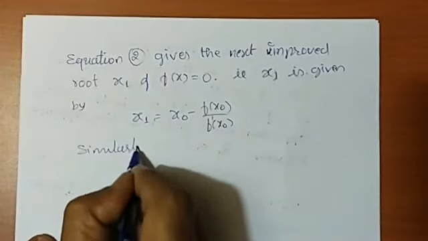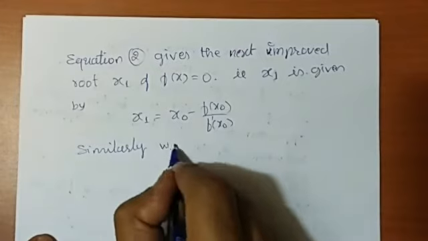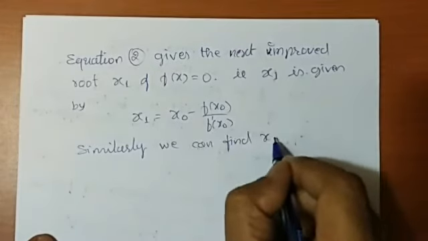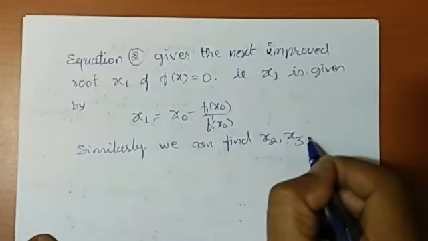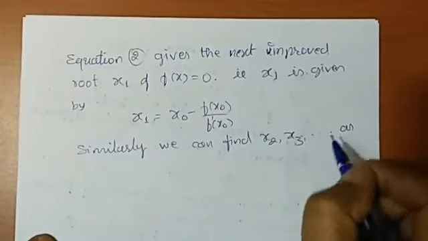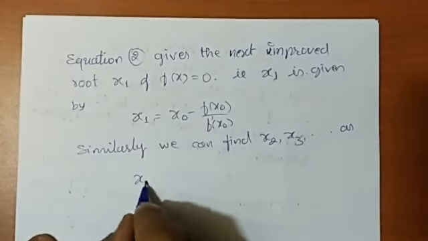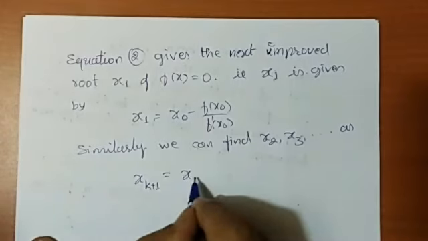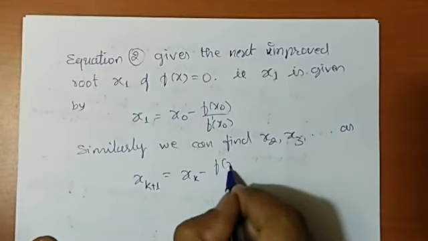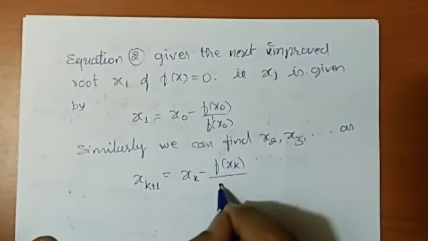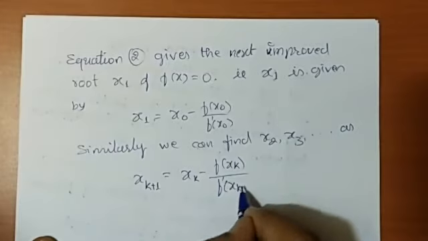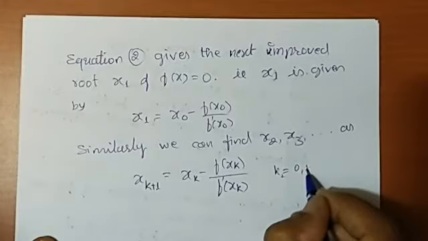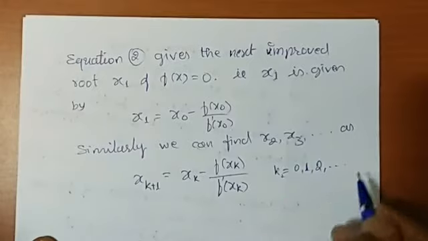Similarly, we can find x2, x3, and so on as xk plus 1 is equal to xk minus f of xk over f dash of xk, k is equal to 0, 1, 2, and so on.